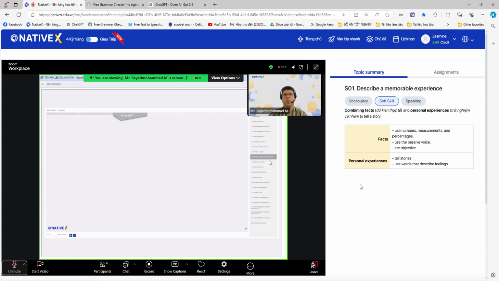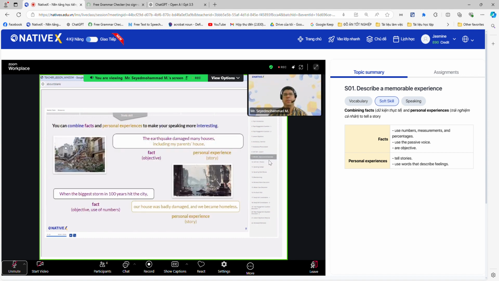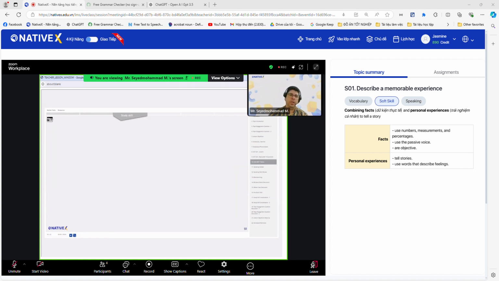As I told you, we can combine fact and personal experience to make your speaking more interesting. Okay, let's continue to the next part, guys. Here you go. Identify the fact and personal experience in the sentence and give reasons.